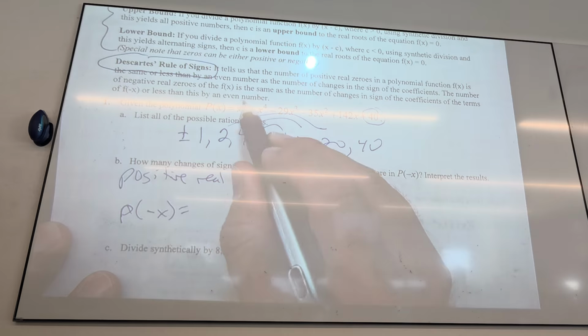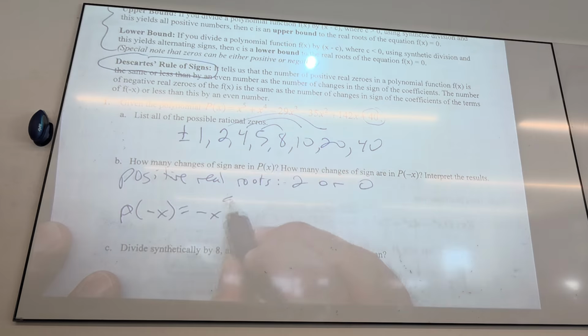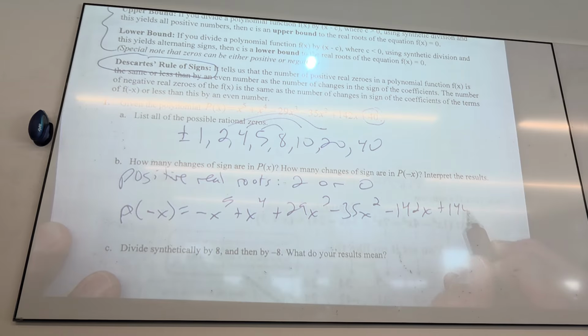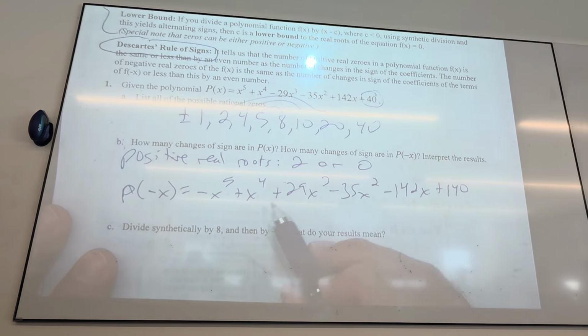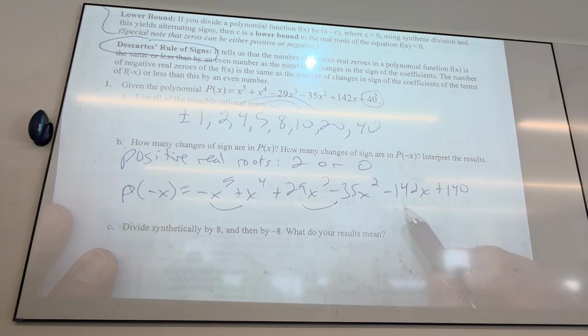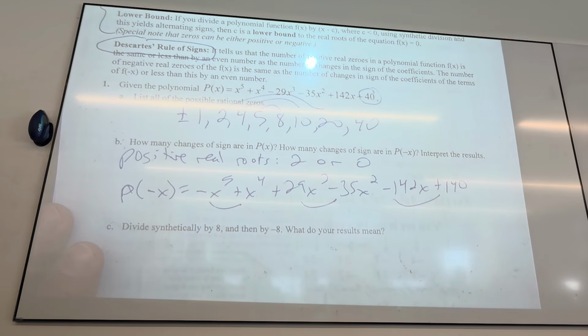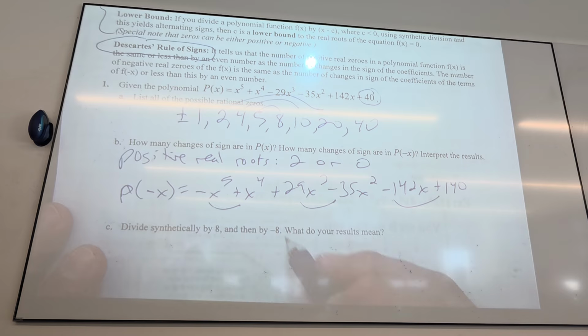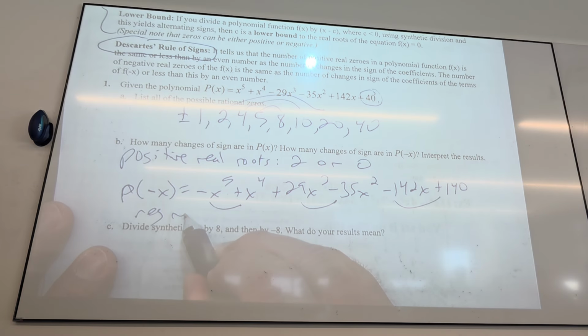So all of the odd ones change sign, and all of the even ones stay the same. How many sign changes are here? 1, 2, 3. So how many negative real roots are there? 3 or 1.